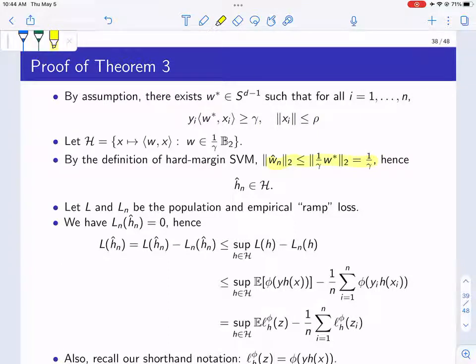So can anyone argue why this is? W hat n is the solution, the weight vector of the hard margin classifier, and W star is the one that satisfies those inequalities.